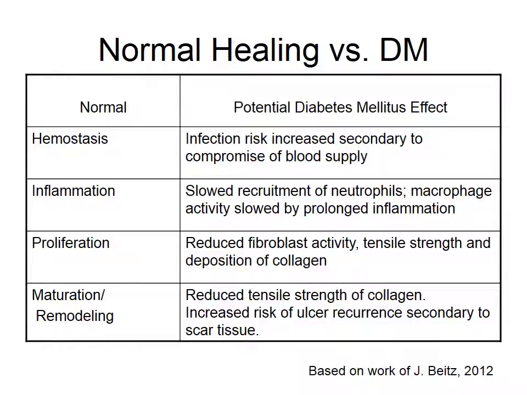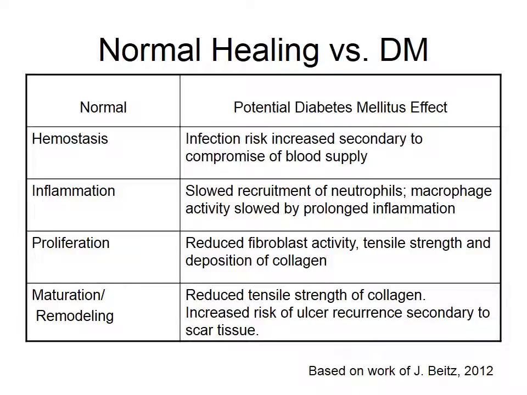This slide gives a clear and concise summary of what occurs in each phase of wound healing in the person with diabetes. This is based on the work of Dr. Janice Bites. As you can see, in the hemostatic phase of healing, there is compromise to the blood supply with increased risk of infection.